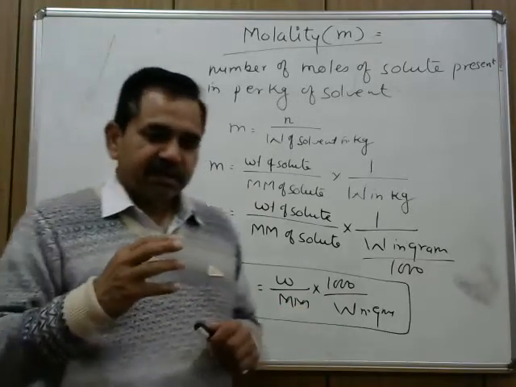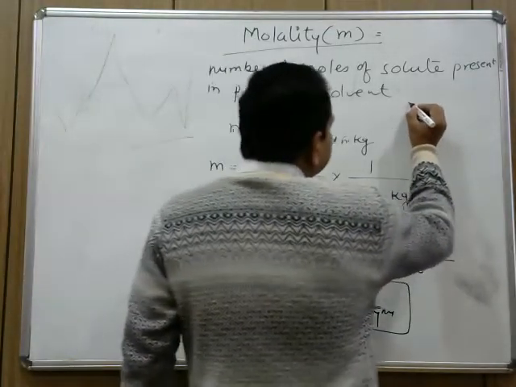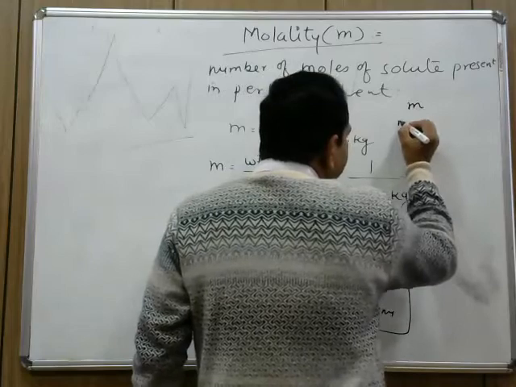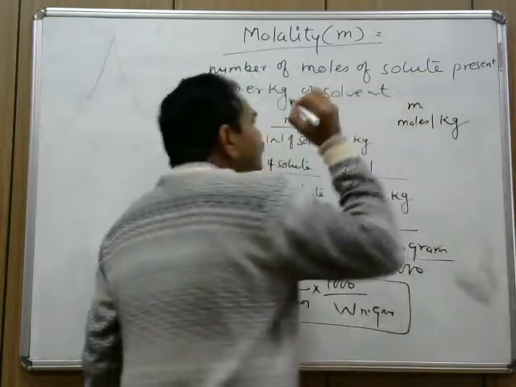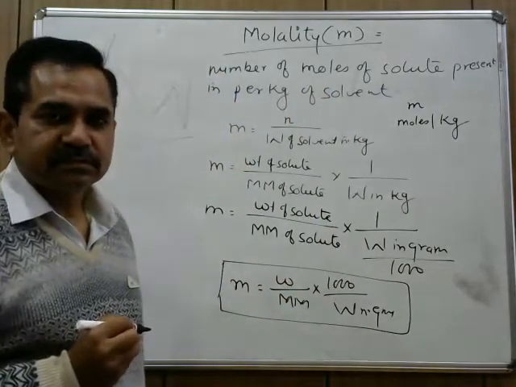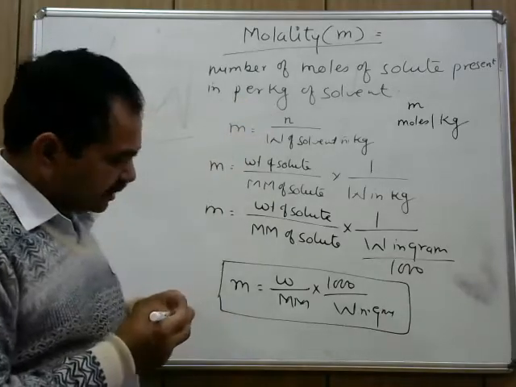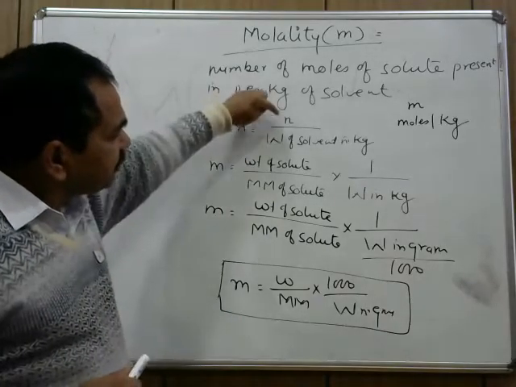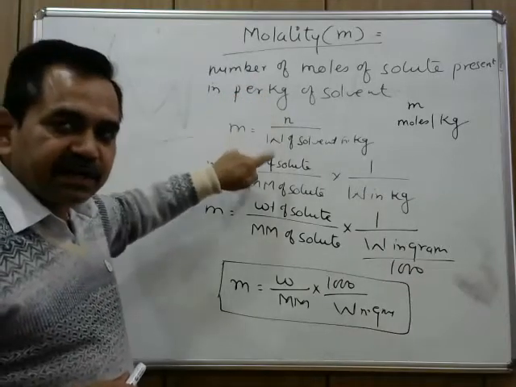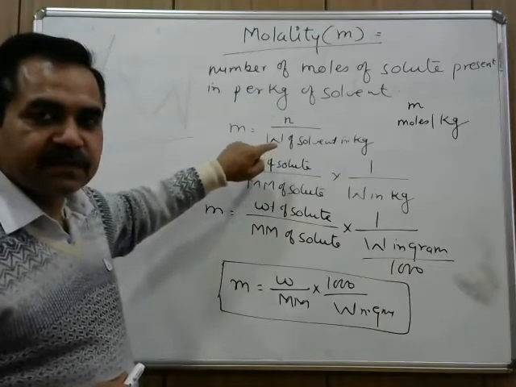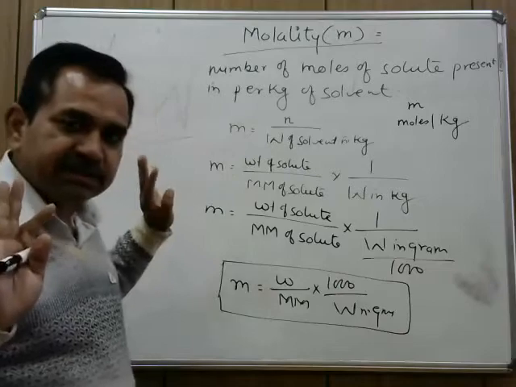Now, molality of a solution is expressed either by putting small m or moles per kilogram. So if we go by this formula, we can see that if 1 mole of a solute is dissolved in 1 kilogram of solvent, molality of solution will be 1. It is 1 molal solution.